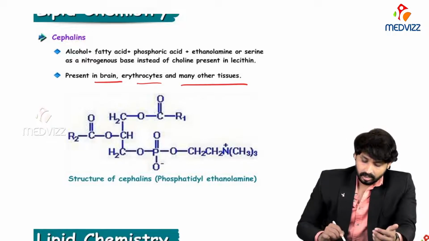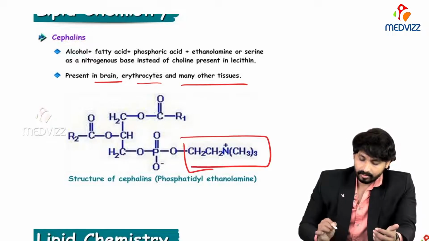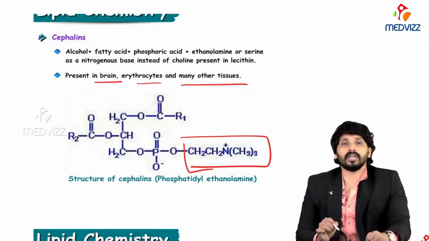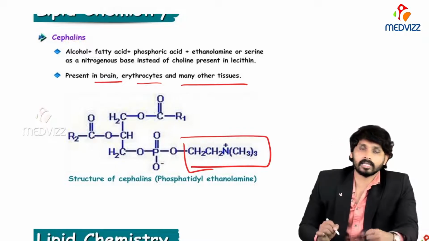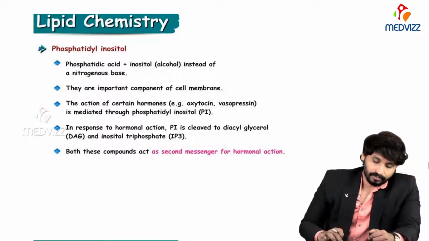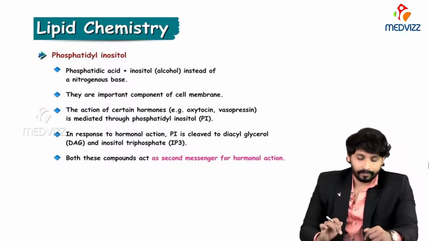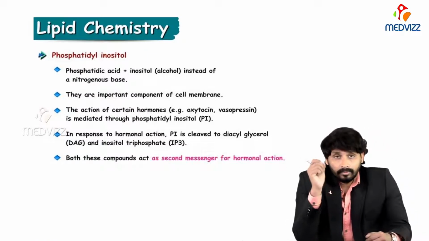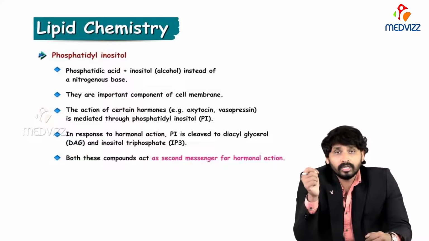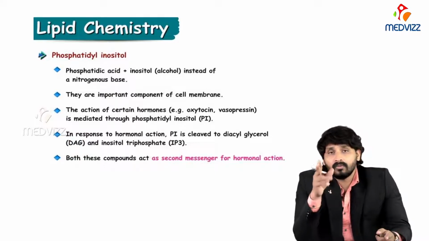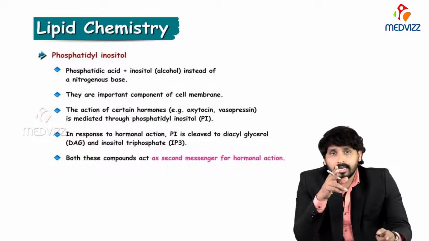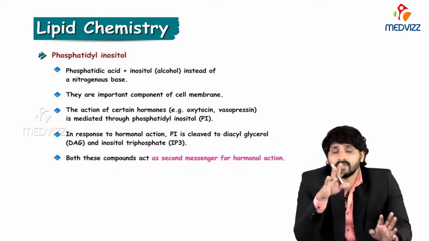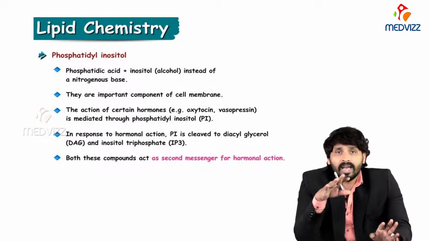You see here, this part is the nitrogen base, which is called phosphatidyl, or else called cephalin. Now phosphatidylinositol: its composition is phosphatidic acid, that means a phosphate group, 2 fatty acids and glycerol, and in place of the nitrogen base we have inositol.